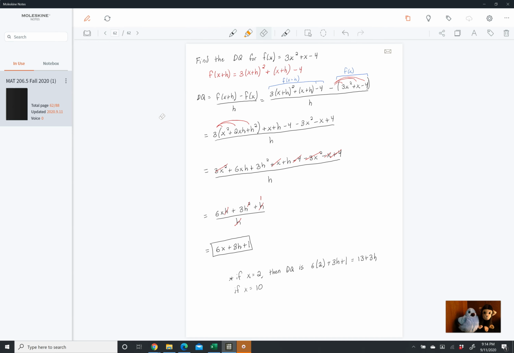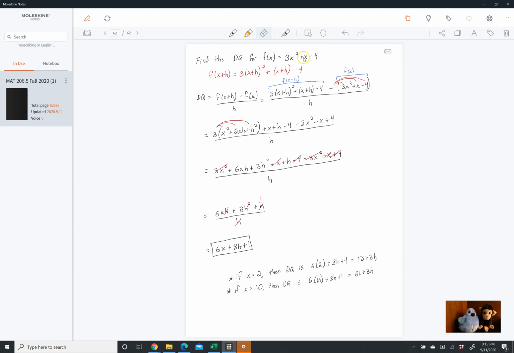So if x were equal to 10, then your difference quotient is 6 times 10 plus 3h plus 1, or 61 plus 3h. Okay, so this is still a difference quotient. It's just giving you one piece of information. You can then find another piece. You can do the h. But right now, I'm not giving you the h.